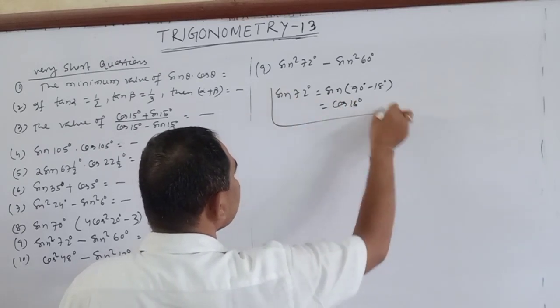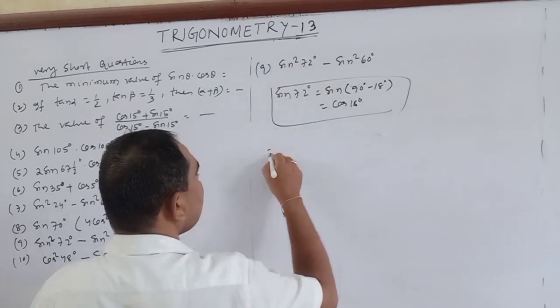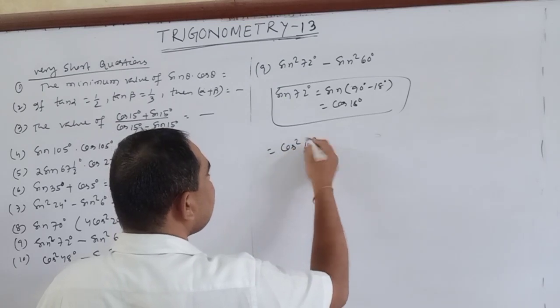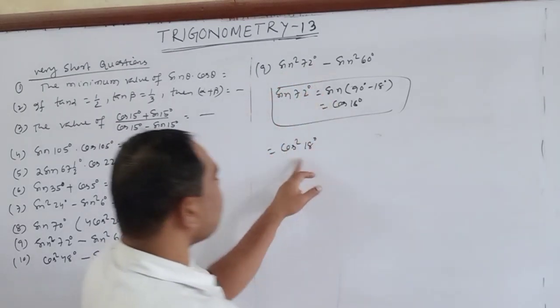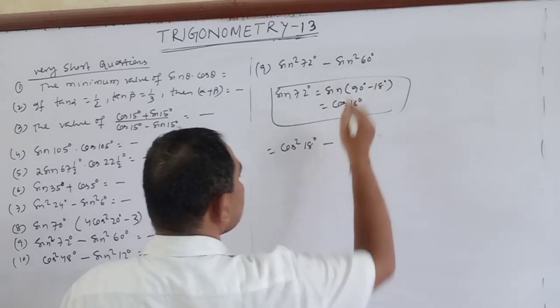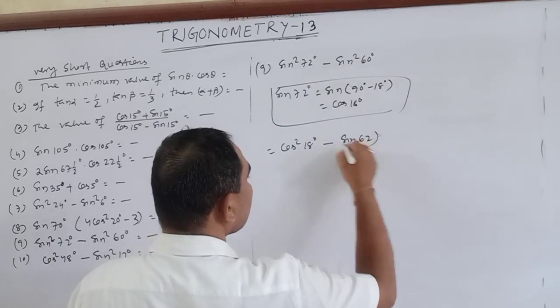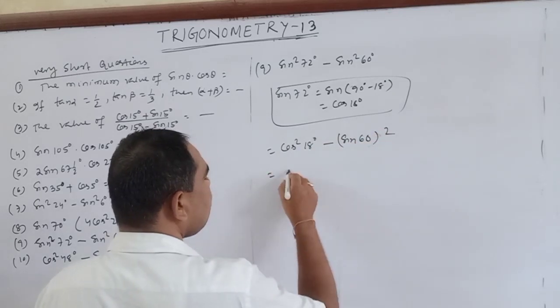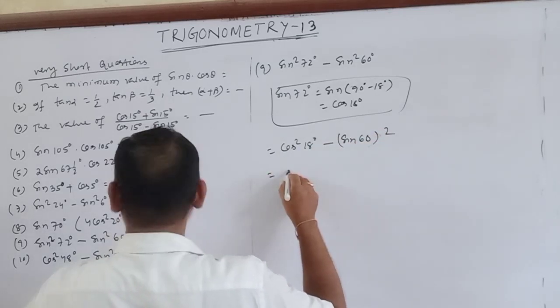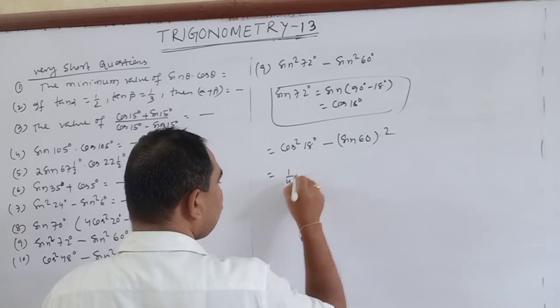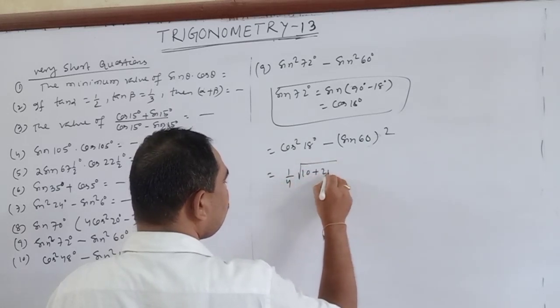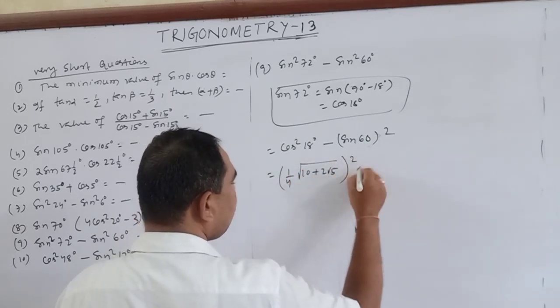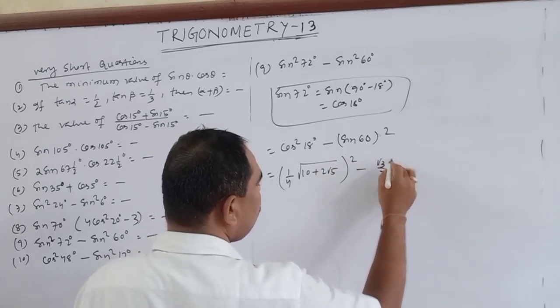Put here cos 18 degree, so this is cos square 18 degree. Sin square 72 means cos square 18 minus sin 60 whole square. So cos 18 means 1 by 4 square root of 10 plus 2 root 5 whole square, minus root 3 by 2 whole square.